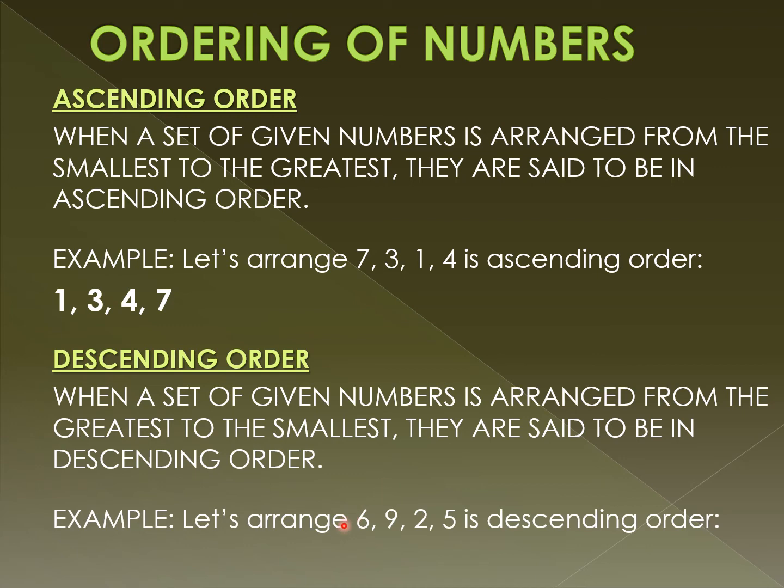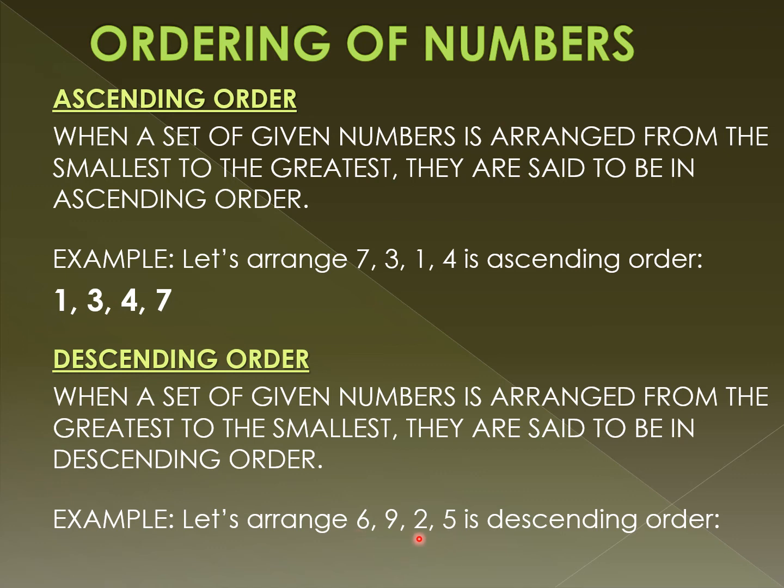Let's try to arrange the numbers 6, 9, 2, 5 in descending order. In descending order, we always start with the greatest number. So our greatest number here is 9. Then we have 6. Then we have 5.